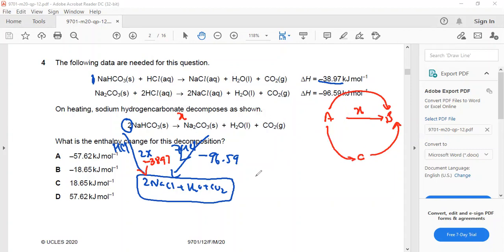So if you apply this, X is equal to 2 into minus 38.97 plus, when you go this way, this arrow is flipped, so the sign is also changed, 96.59. So for this question, the answer will be C.